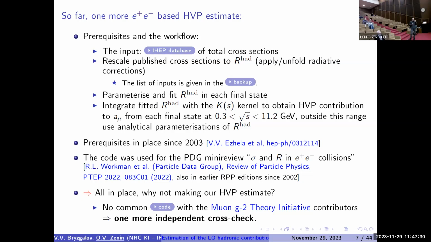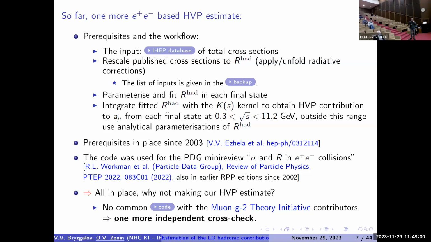It's quite long, so we'll just skip this. Then we must parameterize and fit the R ratio in each hadronic final state. Then the fitted parameterization is substituted in the dispersion integral, and we get our result, our leading order hadronic contribution to g-2.